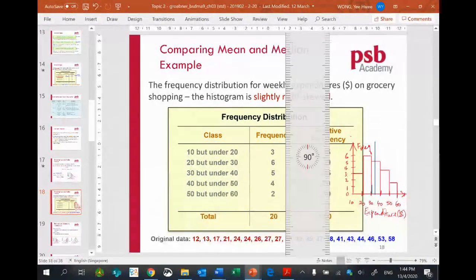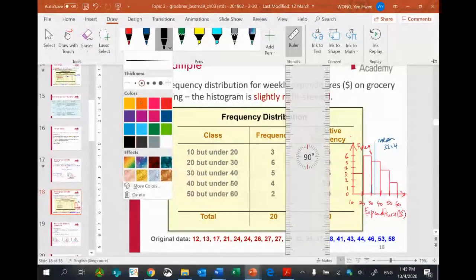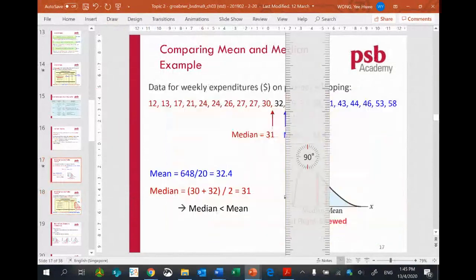Okay, that is the mean, 32.4. Then I draw another line. That line will give me the median. The median is 31.